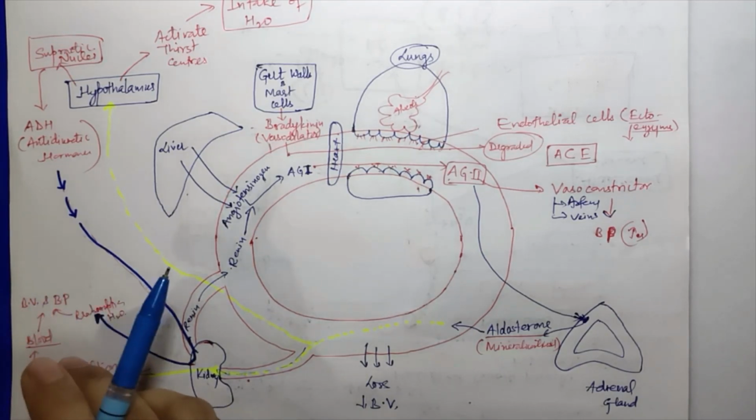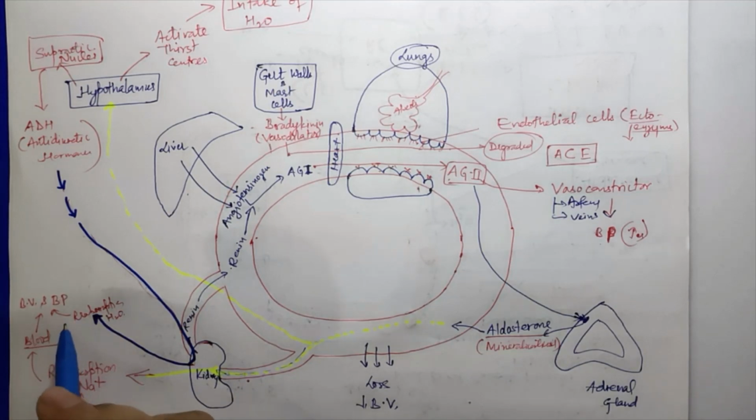So this is how the renin, angiotensin, aldosterone system operates, and this operation in relation with the kidneys helps in osmoregulation as well as in homeostasis.